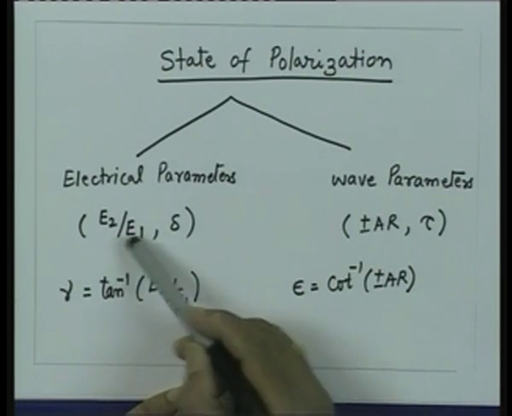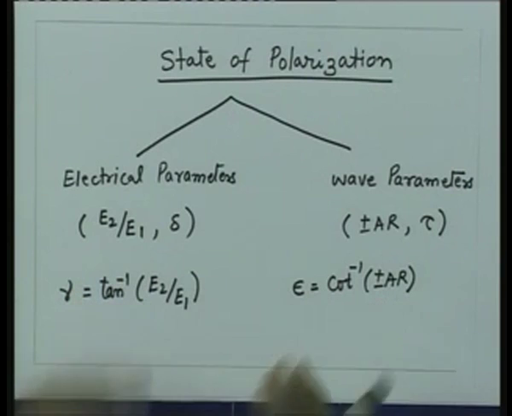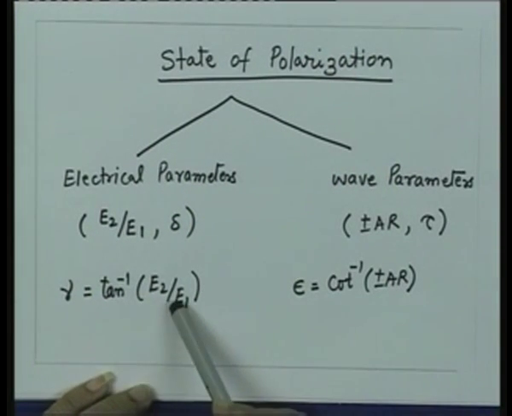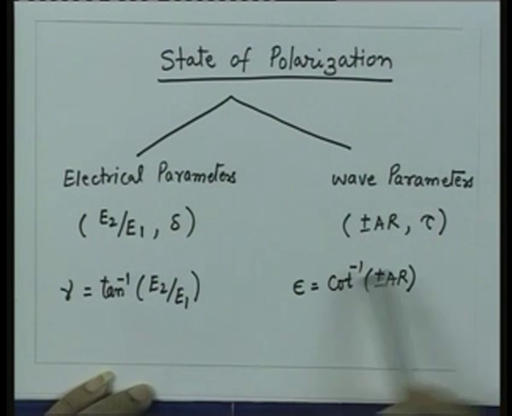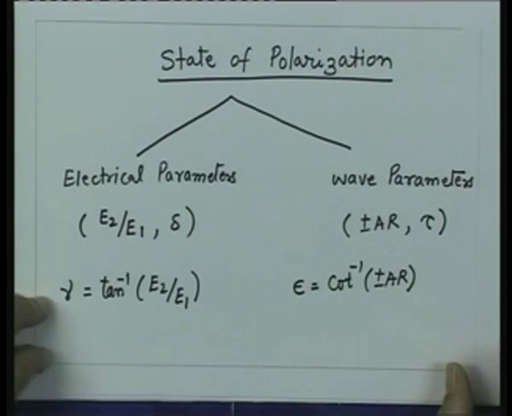If we define both the parameters in terms of angles, then one can have a very compact representation of the states of polarization, and that is what is called the Poincare sphere. So, we define this quantity gamma, an angle which is tan inverse of E2 by E1, and another angle epsilon which is cot inverse of the axial ratio with the sign.